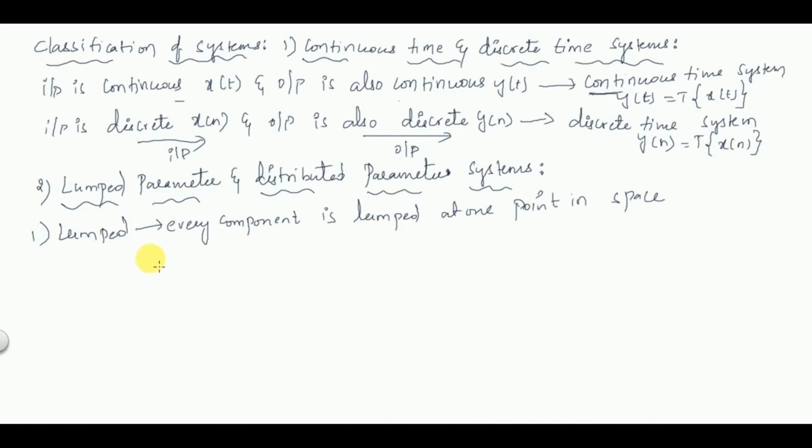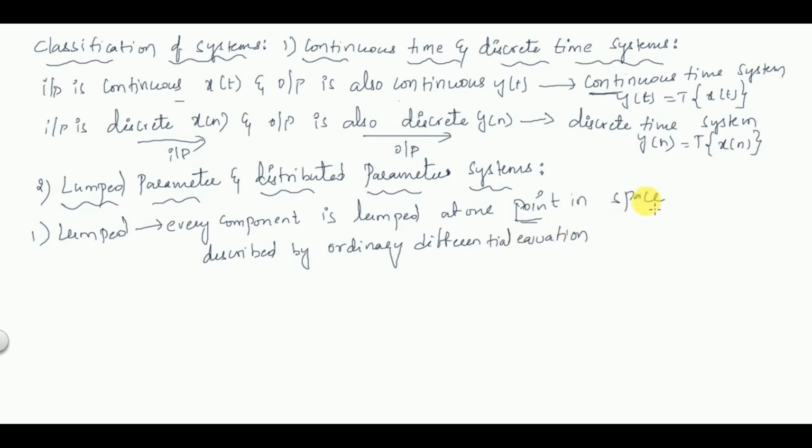Since there is only one point in space, they are described by ordinary differential equations, that is one dependent and one independent variable.